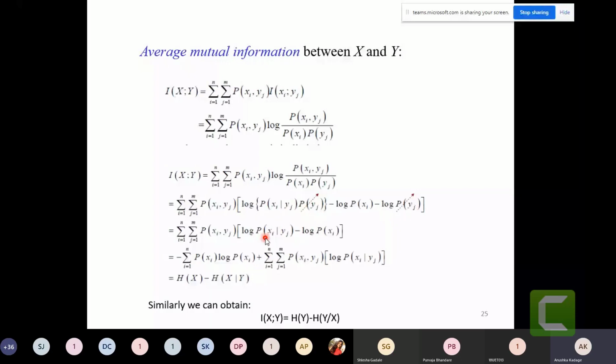And that you have to do if I have to get the derivation like this: I of X;Y is equal to H of Y minus H of Y by X. Here our aim is that we want to give the average mutual information in terms of these entropies. We are going in reverse way. First I presented the equation and now we are going for the derivation of that equation. Are you understanding?